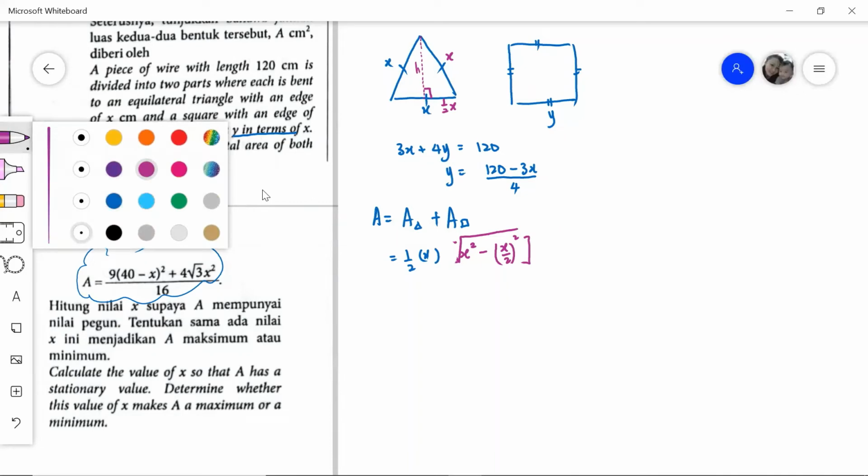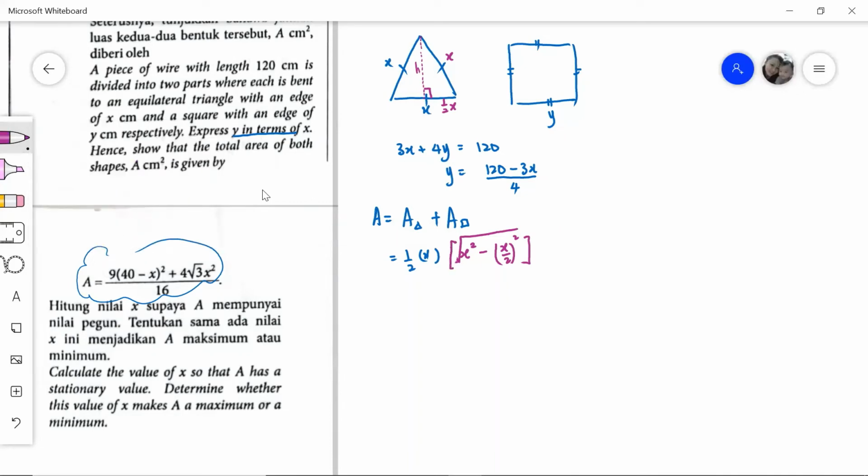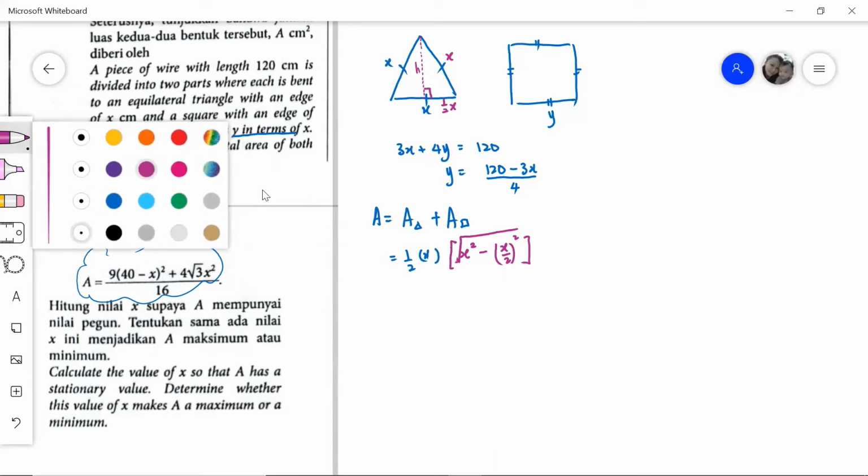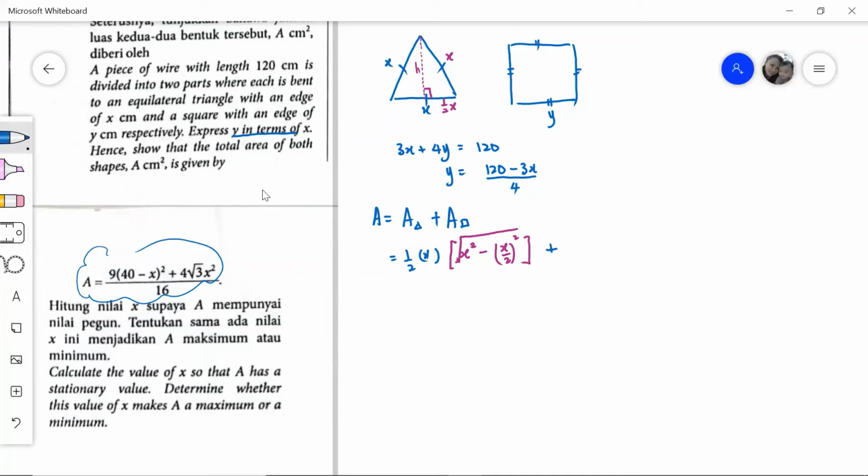Okay, and next, the area of the square will be y squared. So over here, let us simplify this one first. We have x squared minus x squared over 4 and a square root.